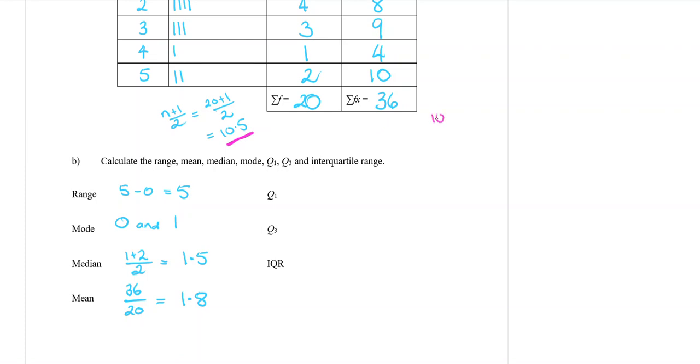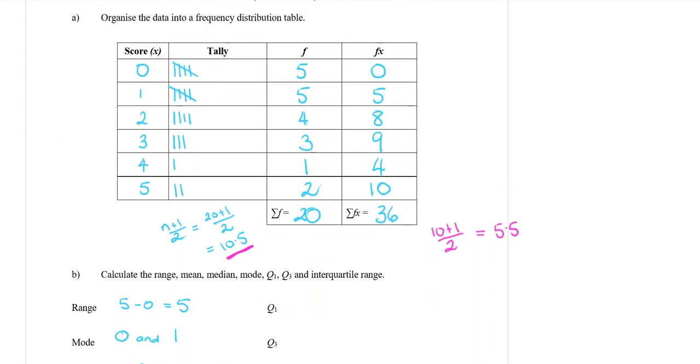I'm going to do another 10 plus 1 over 2 to find the position. This is my little find the position formula. 10 plus 1 over 2 is 5.5. That means the Q1 is 5.5, which means between the 5 and the 6 positions.